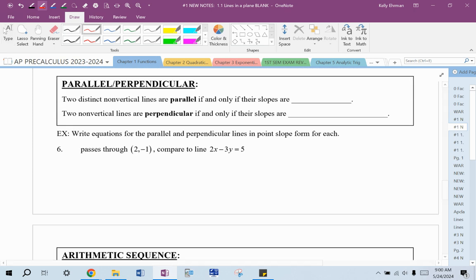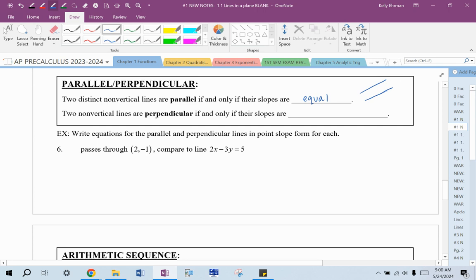Okay, what else? We need parallel and perpendicular lines, so you need to remember what the rules are for this. Two distinct non-vertical lines are parallel if and only if their slopes are equal. That makes sense. If you're headed in the same direction at the same pace, or at the same slant, I should say, then you're going to be running alongside each other without actually crossing.